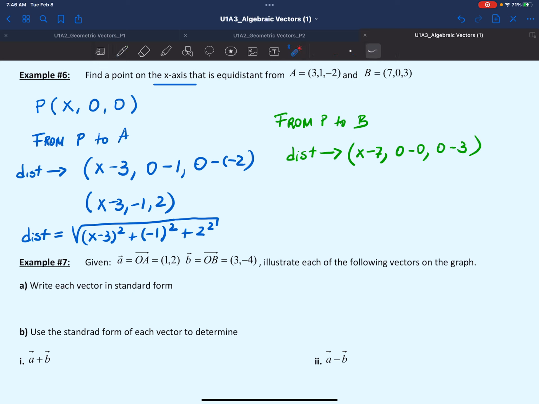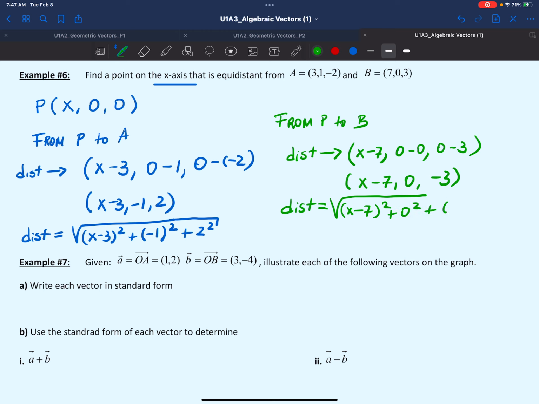Again, in a similar way, we went x minus 7, 0 minus 0, 0 minus 3. So this would be x minus 7, and then 0, and then -3. So this distance in particular would be equal to square root of x minus 7 squared plus 0 squared plus -3 squared.